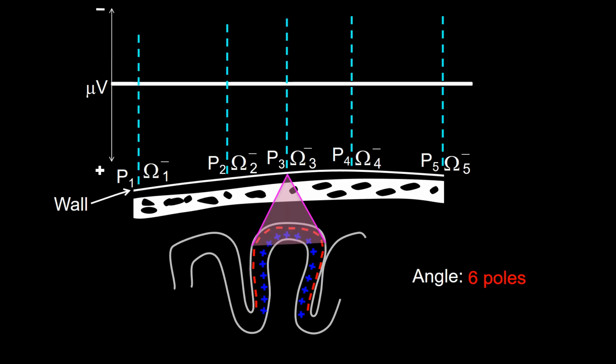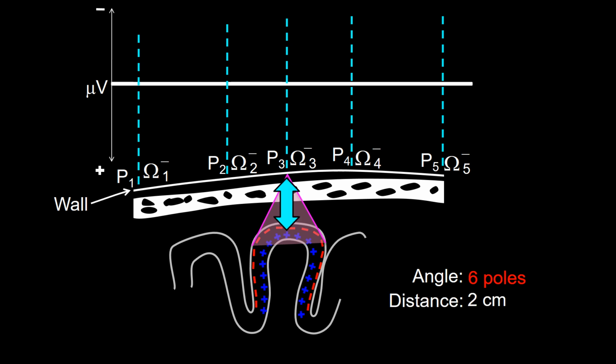An electrode placed right above the crown of a gyrus will view the negative poles of the dipoles under it. It will not see any other poles. In this case, this will correspond to 6 negative poles.